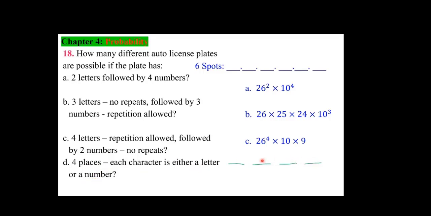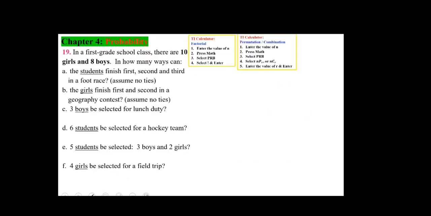There are no restrictions. So there are 36 characters, 36, 36. So it's 36 to the power of 4. By the way, when it comes to combination, factorial, permutation, you can use a TI calculator. I have the command here just to let you know, it can make your life easy. But it is important to understand the process and what happens.